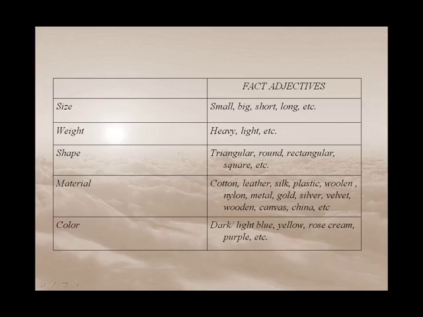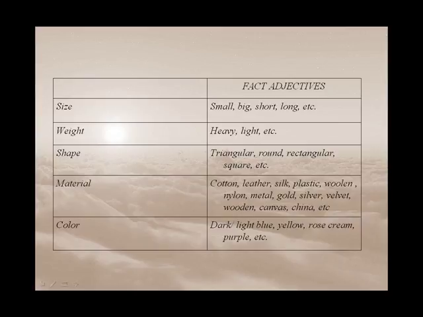We have different kinds of uses for adjectives. Here we have size, weight, shape, material, and color. If you want to describe something by its size, you can say it is small, big, short, long, etc. By its weight, you can say it's heavy, light, medium weight, and so on.